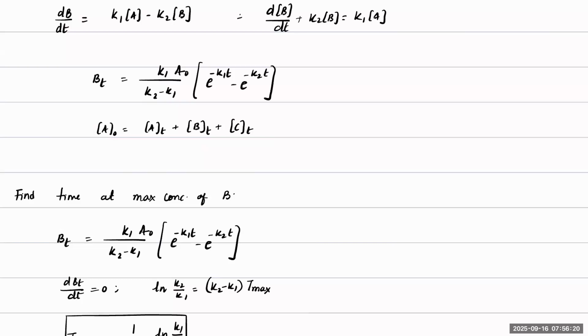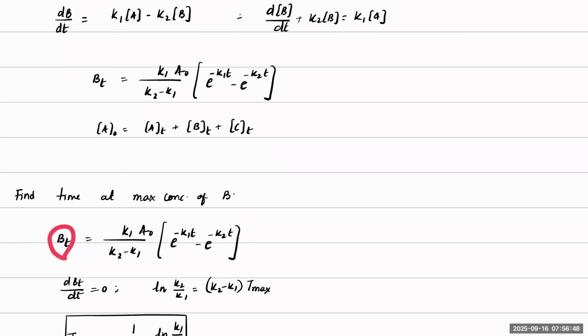Now notice this carefully. If I need to find out how much time it takes to reach the maximum value of B, that means where the concentration of B is the highest, then Bt is equal to K1 into A naught by K2 minus K1, into this value, you know.